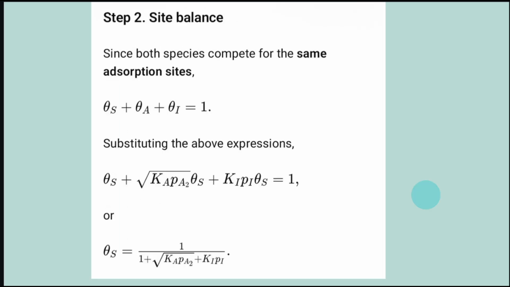Now, step 2, site balance. Since both species compete for the same adsorption sites, theta S plus theta A plus theta I is equal to 1. Substituting the above expressions, theta S plus root of Ka Pa2 theta S plus Ki Pi theta S is equal to 1, or theta S is equal to 1 divided by 1 plus root of Ka Pa2 plus Ki Pi.